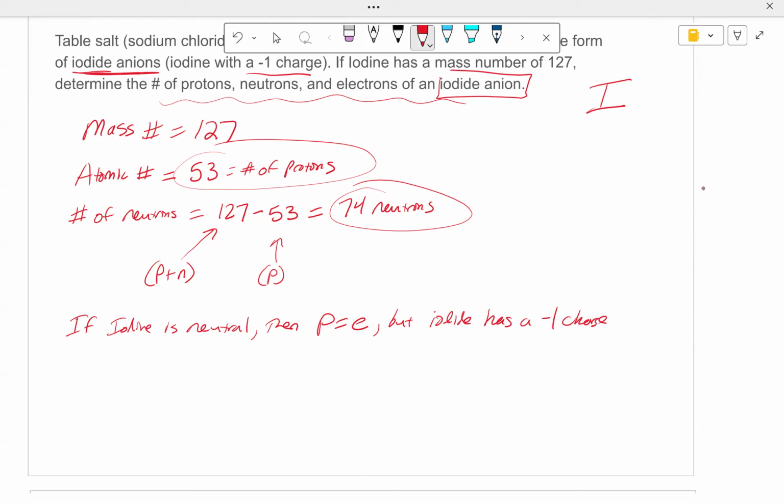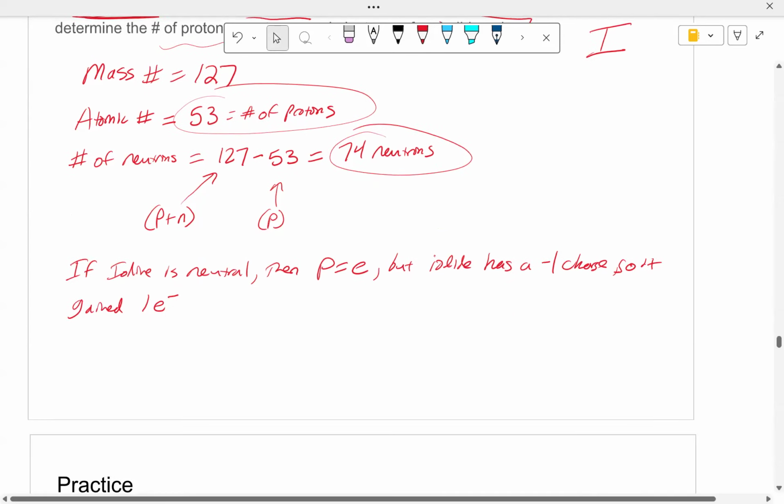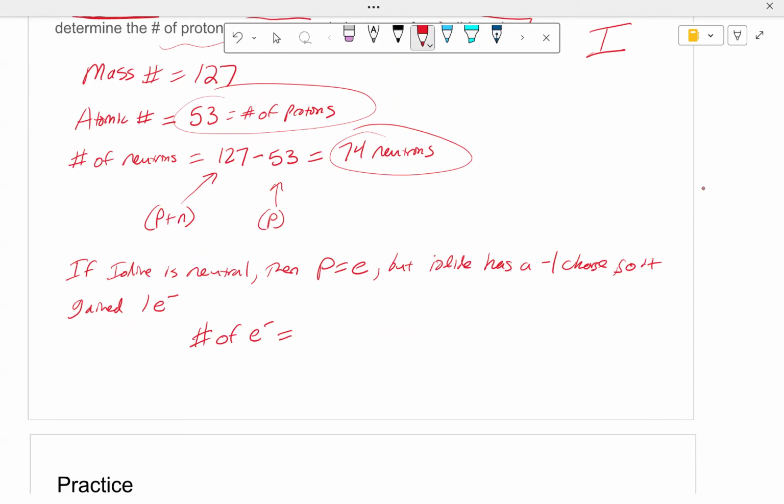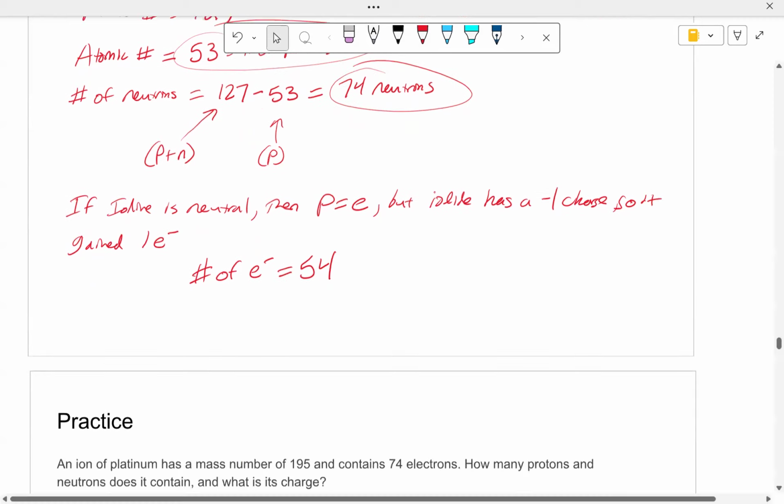It has to gain electrons. Since it has a -1, that means it gained 1 electron. It will have one more electron than protons. So the number of electrons is 54. Normal neutral iodine has 53 protons, but when it has a -1 charge, it's got an extra electron, so it should have 54 electrons.